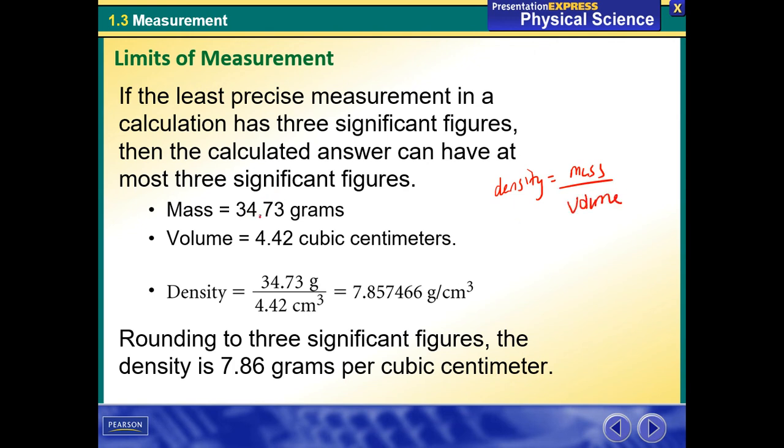So if I have 34.73 grams for my mass divided by my 4.42 centimeters cubed for my volume, this one has 4 digits, this one has 3. So even though I get this long number, my answer is only allowed to have 3 digits. So we can say 7.86 grams per cubic centimeter.